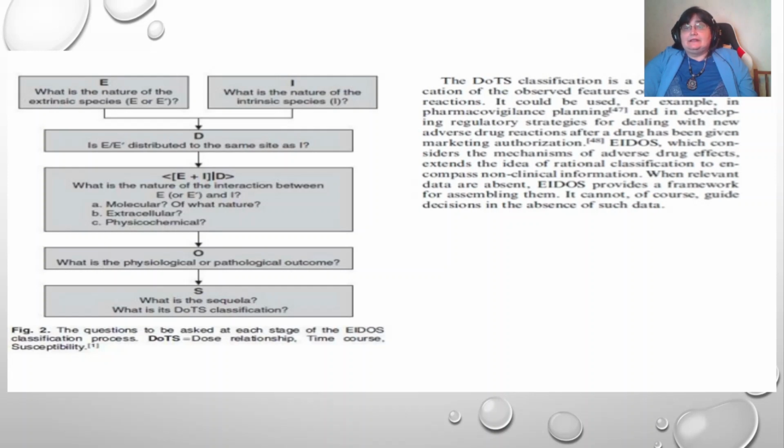EIDOS, which considers the mechanism of adverse drug effects, extends the idea of rational classification to encompass non-clinical information. When relevant data are absent, EIDOS provides a framework for assembling them. It cannot, of course, give a decision in the absence of such data.